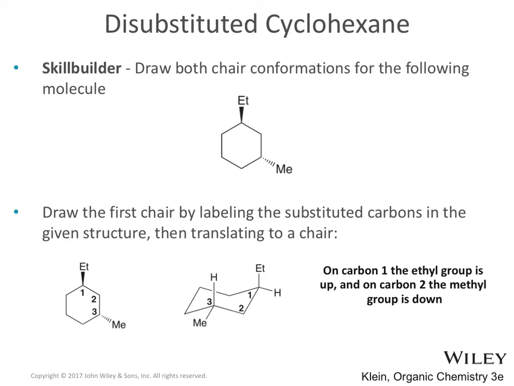Now see if you can draw both chair conformations for this molecule. So when you convert that to the chair, the ethyl, Et represents ethyl, Me methyl. The ethyl is going to be up, and if you put it at this corner, it would be axial up. And then the methyl will be down, and at that carbon, it would be equatorial down.